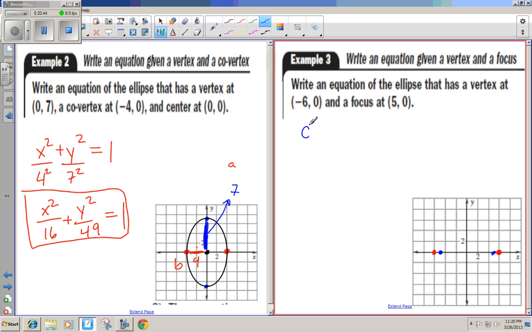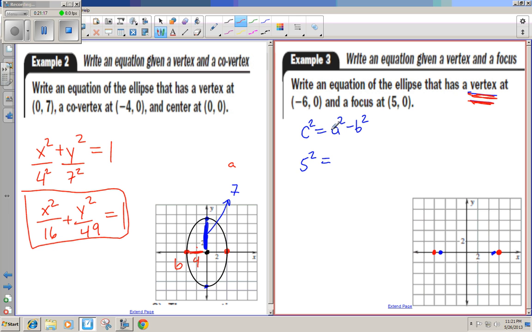All right, remember where c squared, the distance, is a squared minus b squared. So since it has a focus at 5, this is 5 squared. And since it says that these red ones are the vertices and not covertices, that means that somewhere between 6 and 0 is the b value. So this is a horizontal one.